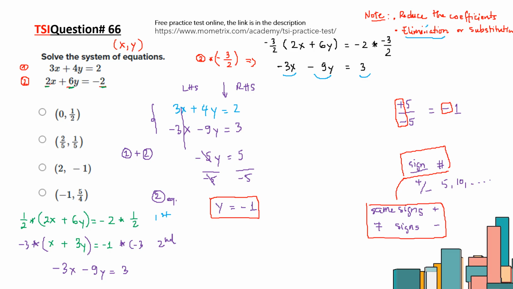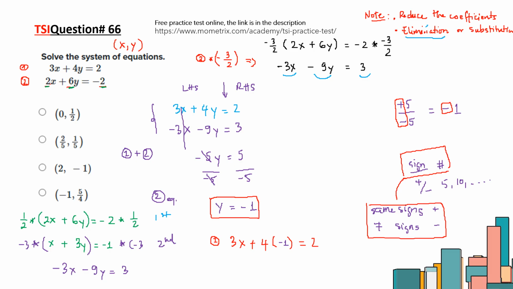So we just plug into one of those equations to find x. Let me choose number 1. I will have 3x plus 4y. y is -1. I keep it in parentheses like that and then plug in -1 inside, so that I will remind myself to distribute, even though y is negative or positive.